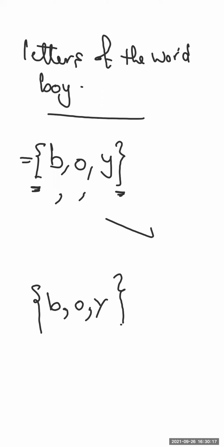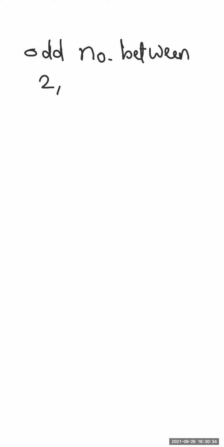One more example. The odd numbers between 2 and 11. So in this case, it will equal the braces, the set of, then list the elements and separate between them by using a comma.